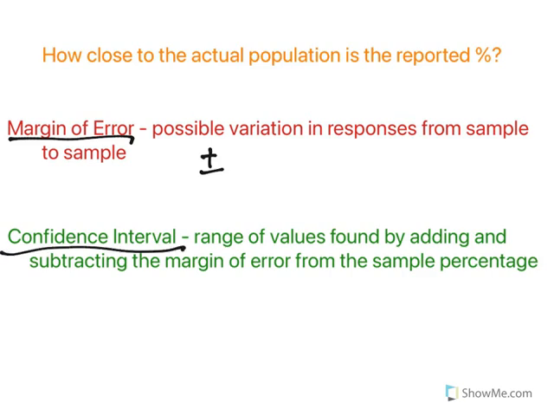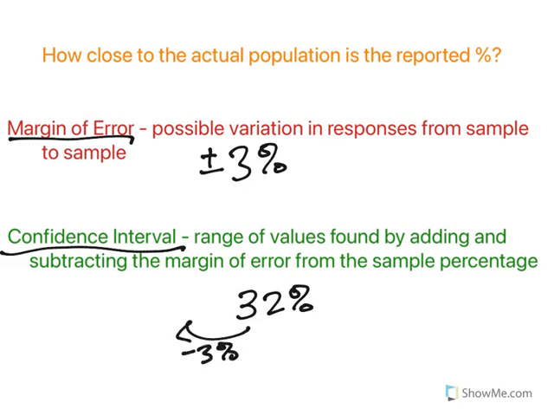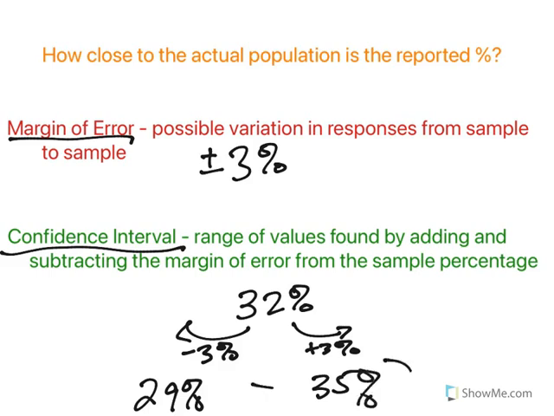The confidence interval is the range of values. If we say 32%, plus or minus 3%, then subtracting 3% going left, 32 minus 3 is 29. Adding 3% to the right, 32 plus 3 is 35. We have now created a confidence interval, the interval of expectation based off the data we have.